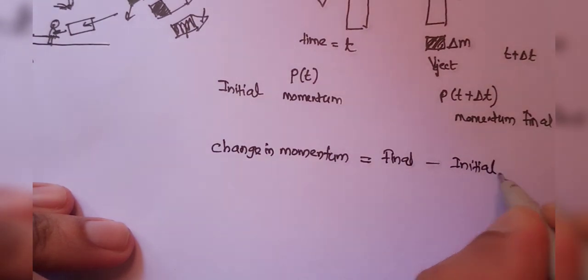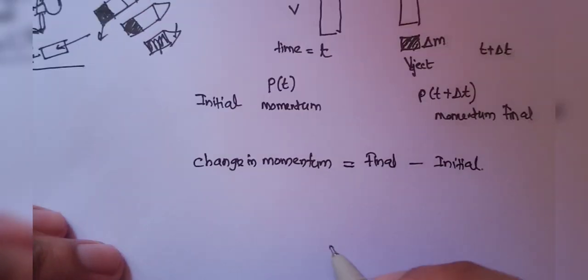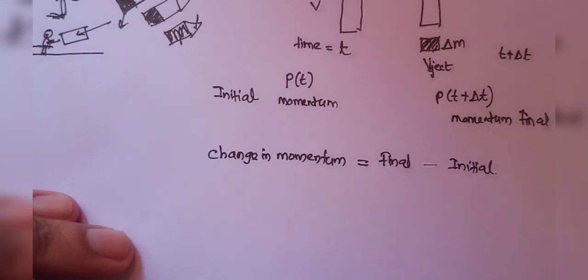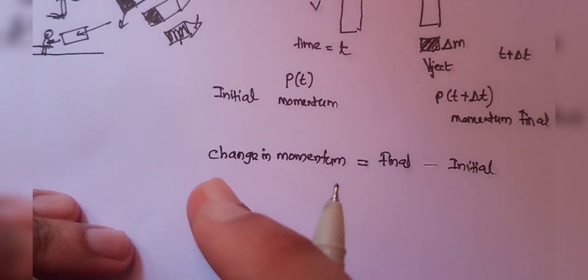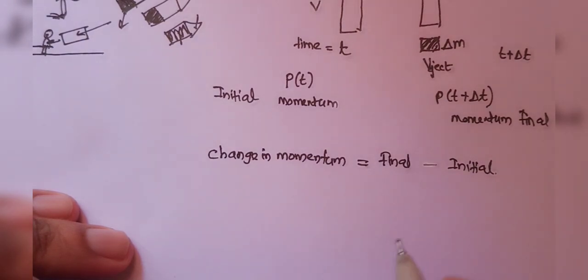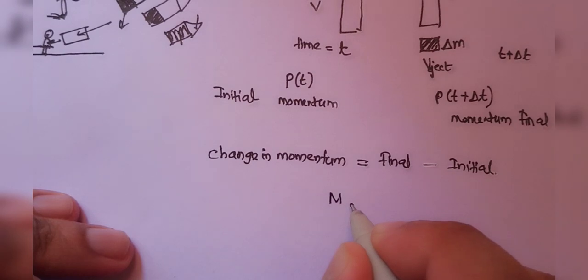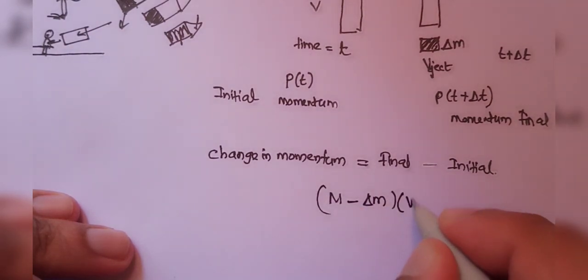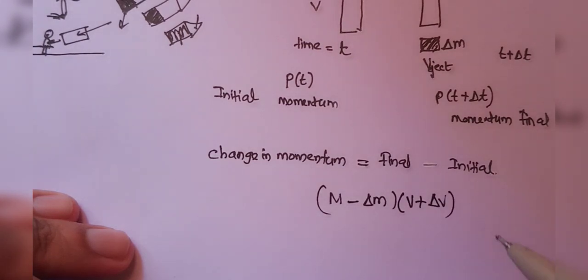Okay, now let us solve the RHS term first. We have LHS, we have RHS. Now let's solve the RHS term first. We have (m minus delta m) into (v plus delta v), and now there is one more, an ejection mass, which is basically delta m, and v ejection velocity.